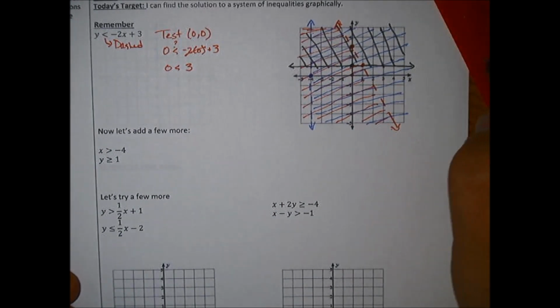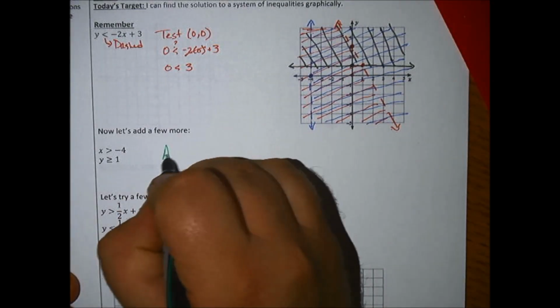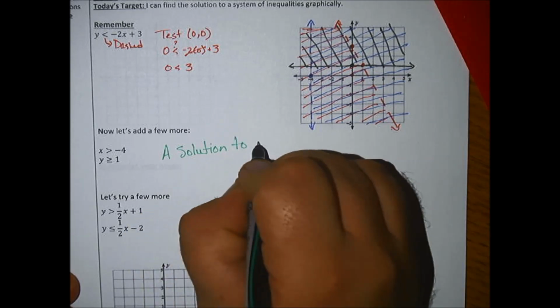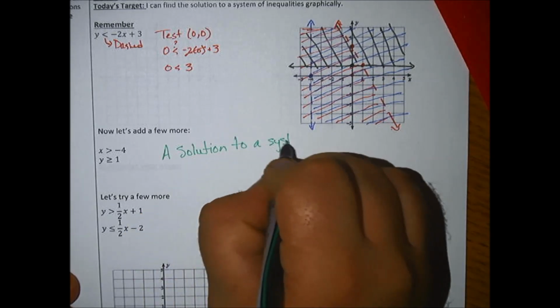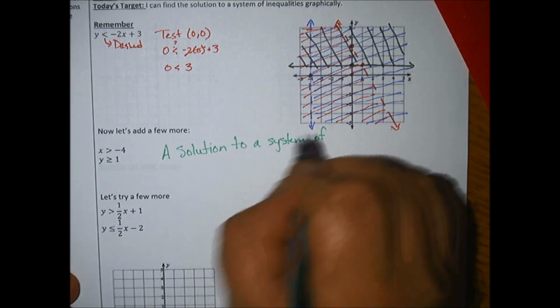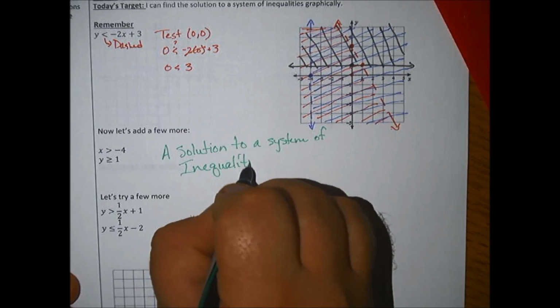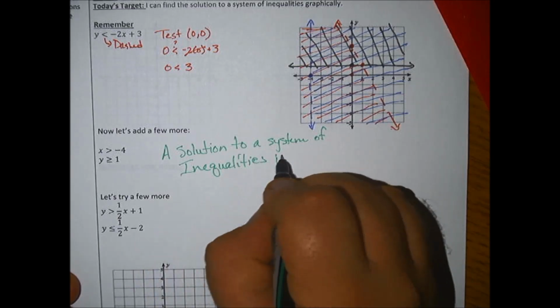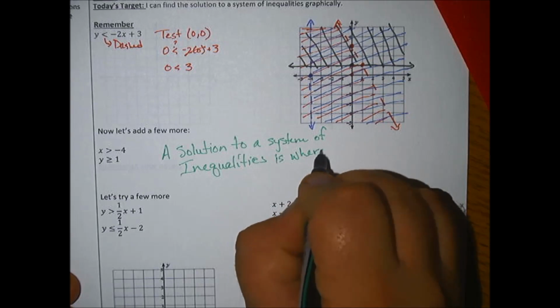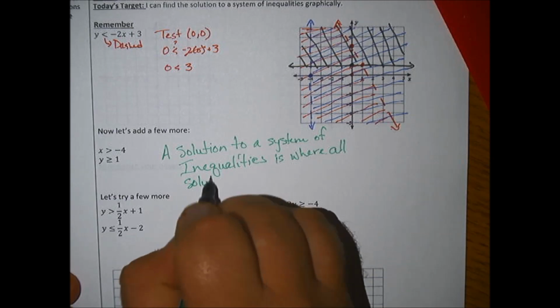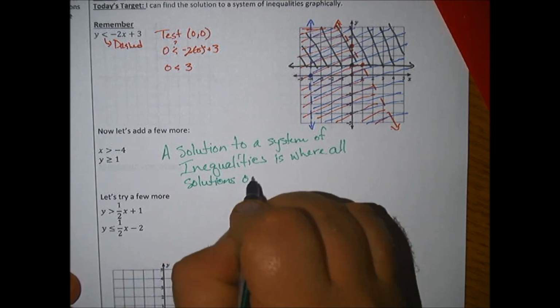Now, when you're talking about the solution to a system of inequalities, a solution to a system of inequalities is where all solutions overlap.